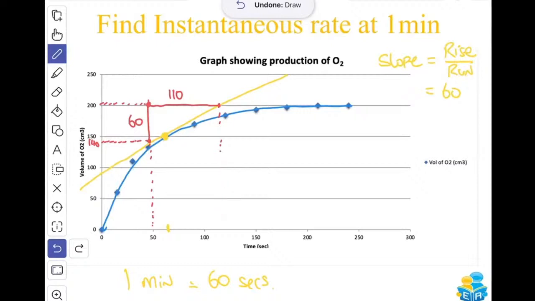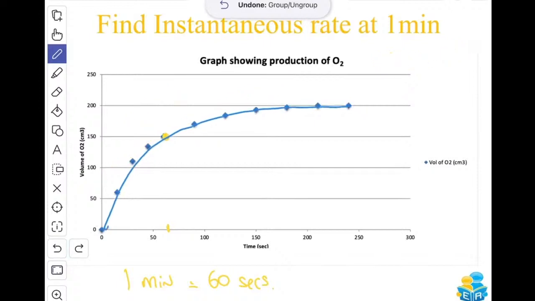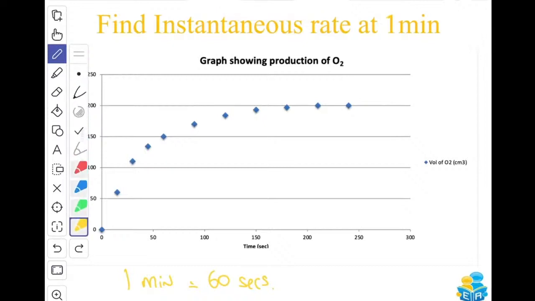This time we'll look for the instantaneous rate at 2 minutes. If we do it at 2 minutes, we can use this same graph again.